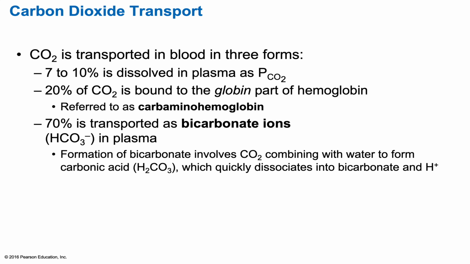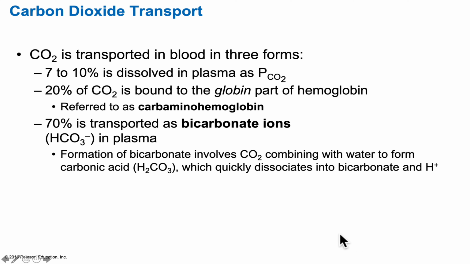Normally active body cells produce about 200 milliliters of carbon dioxide every minute. And this is the same amount that's excreted by the lungs. So our blood is able to transport carbon dioxide from the tissues to the lungs in 3 ways.